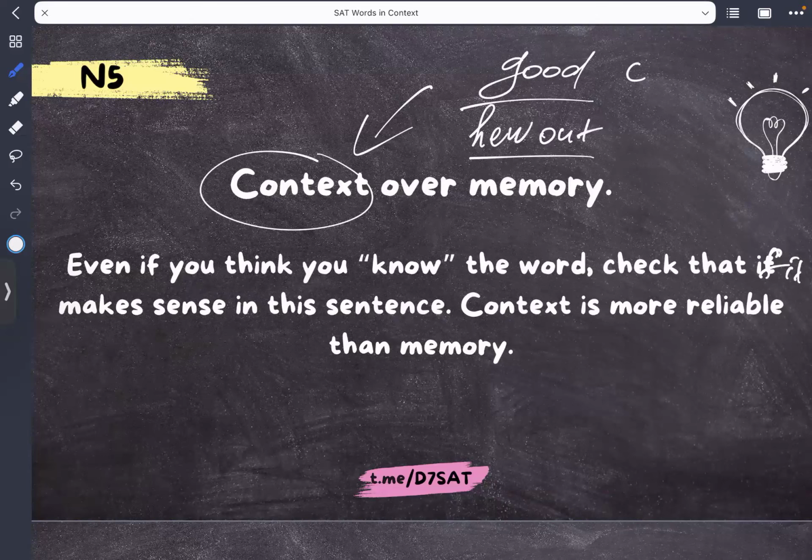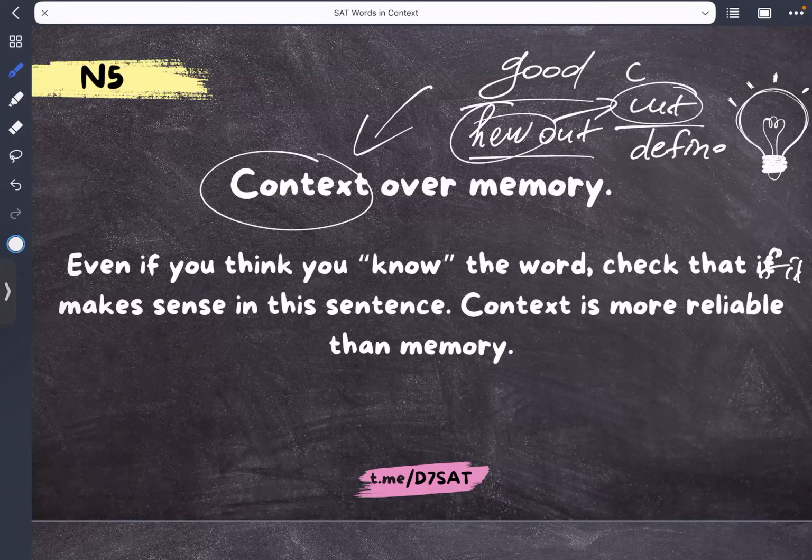Hew basically means to cut, but in the context of the passage it was something like define. So "hew out" the certain word, but in the options, define was the correct one. Define the idea.